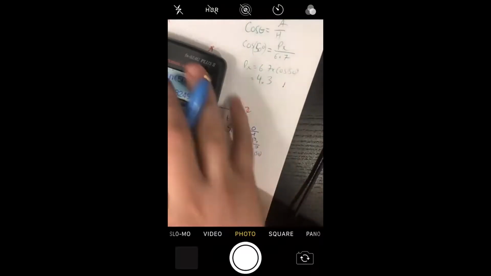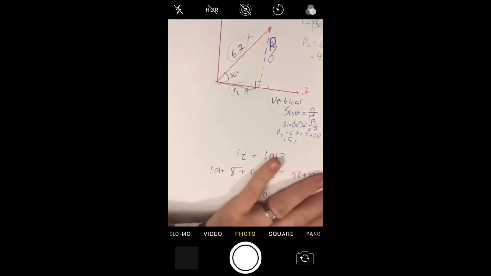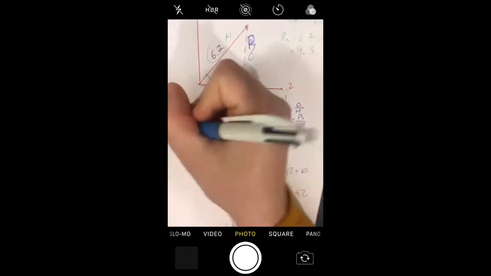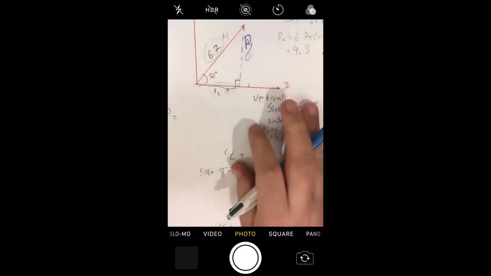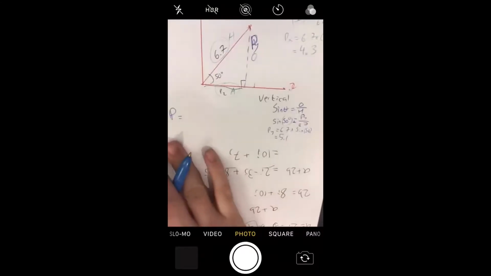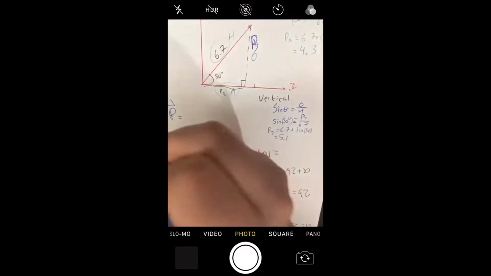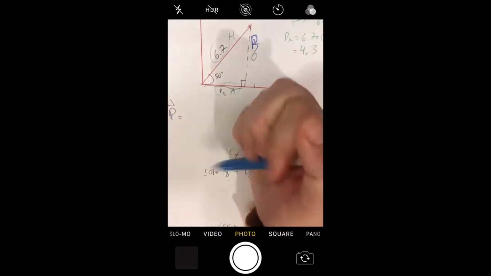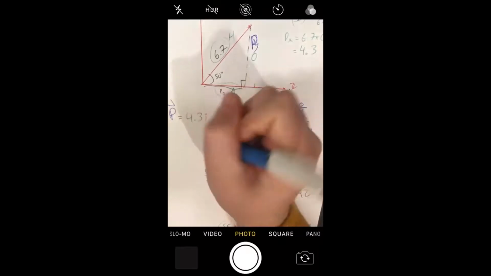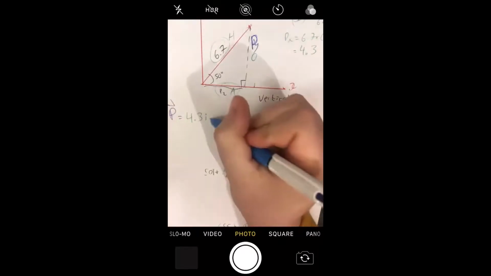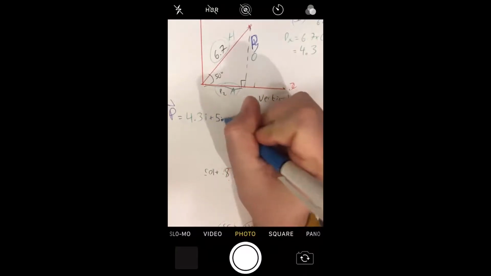So that means, by the way, we can now rewrite vector P as P equals 4.3i plus 5.1j.